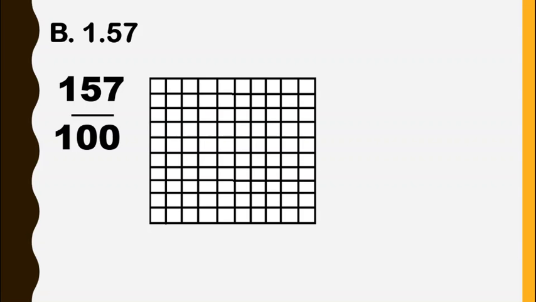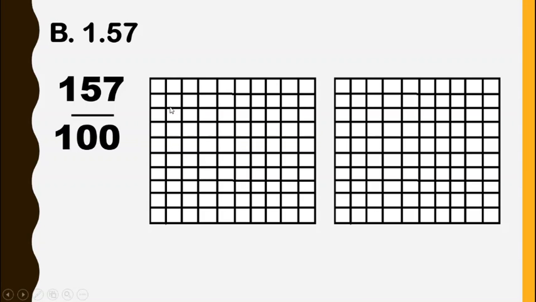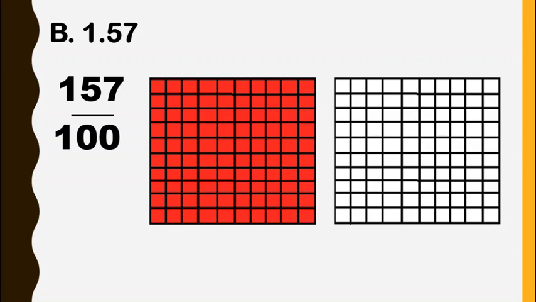So in order for us to shade, we all know that one whole grid represents 100. So we will shade it all. So we have now 100, and the remaining is 57.